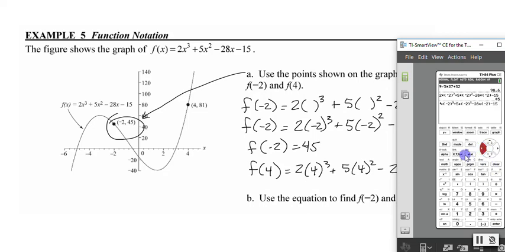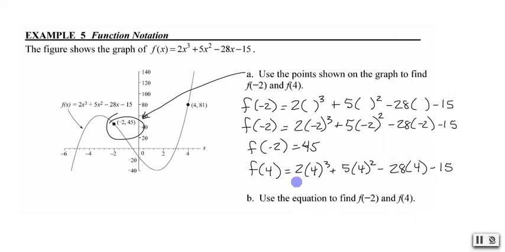So here we go. Got a 4. I'm going to delete the negative and change the 2 to a 4. It just overwrites it. And delete the negative, change the 2 to a 4, and then you're ready to hit enter, and you get, what do you know, 81.